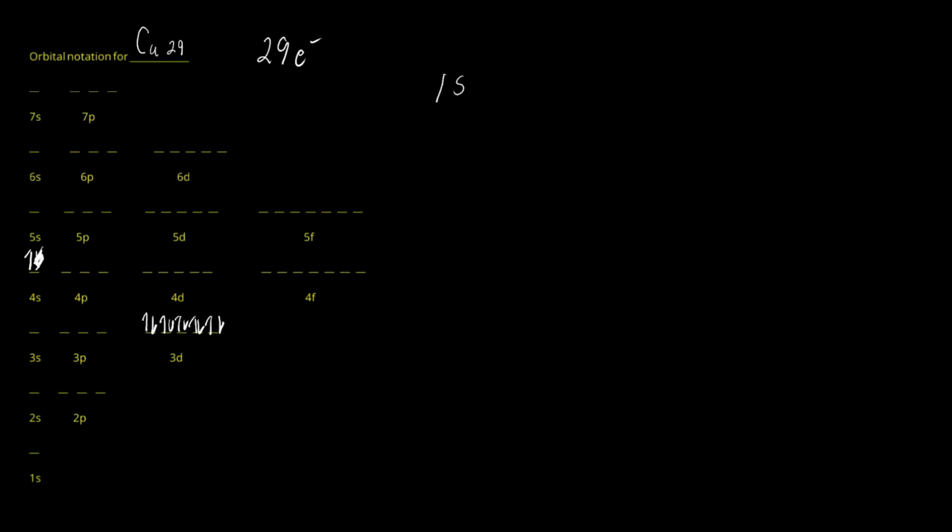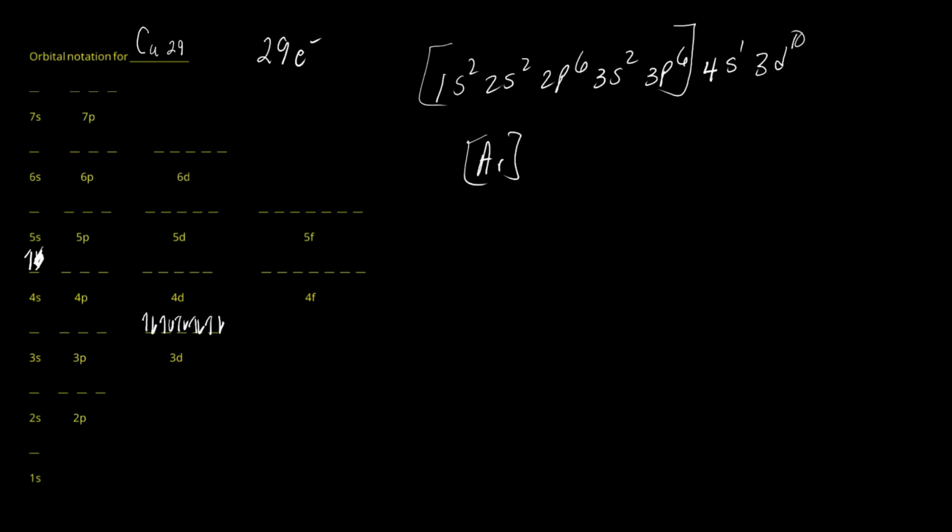So we would have 1s2, 2s2, 2p6, 3s2, 3p6, 4s1, 3d10. So we can say 3d10, 4s1. Okay, these are the 2 exceptions that you generally see on standardized tests. So make sure you're aware of those. There are other exceptions in 4d, 5d, 4f and 5f, but these are the 2 that most teachers require that you know.